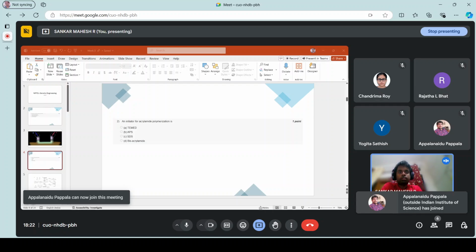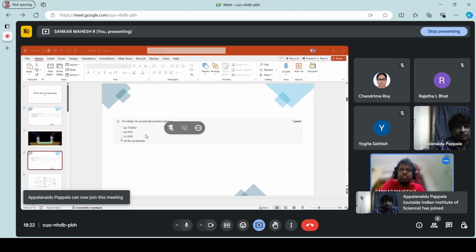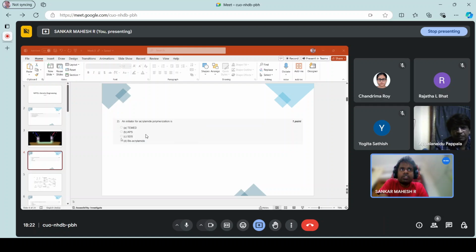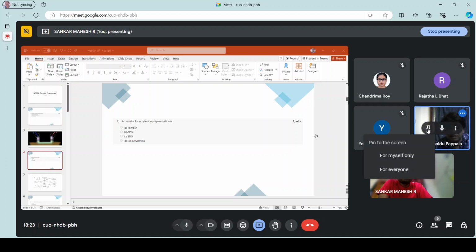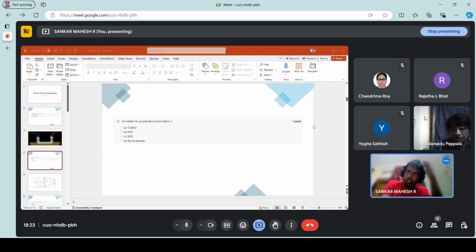Okay, the next question is: an initiator for acrylamide polymerization is, and four different options are given here. The first option is TEMED, option B is APS, option C is SDS, and option D is bisacrylamide.